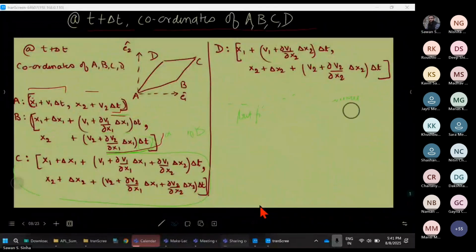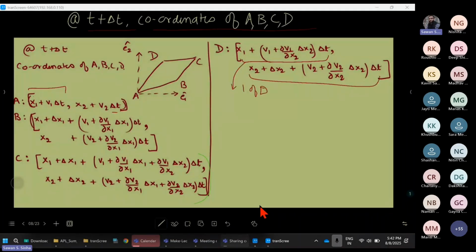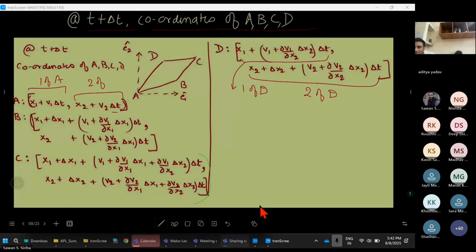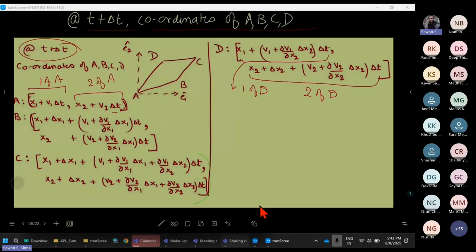Right? This whole thing is 1 of D. This whole thing is 2 of D. This is 1 of A and this is 2 of A at time t plus delta t.